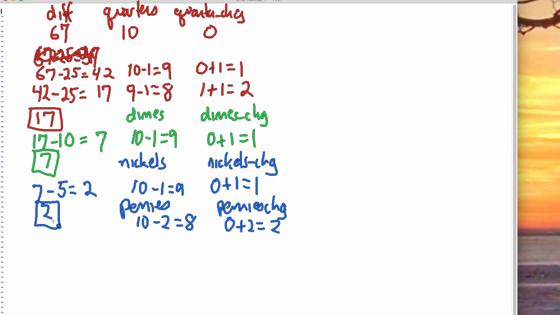And then when I take away the 2 pennies, we have 0. And what's my change? Well, there are 2 quarters, a dime, a nickel, and 2 pennies. And then, presumably, I'm done making change for my 67 cents initially.